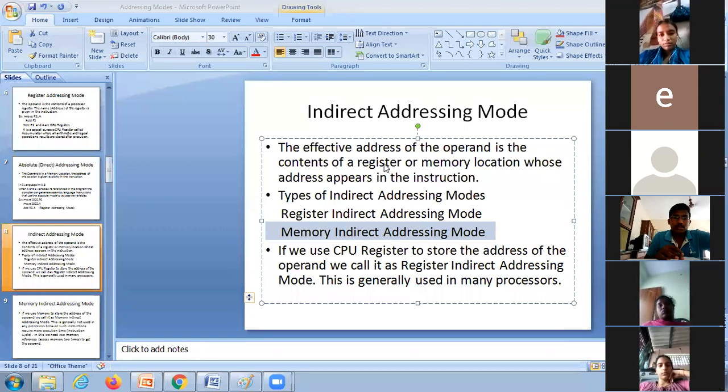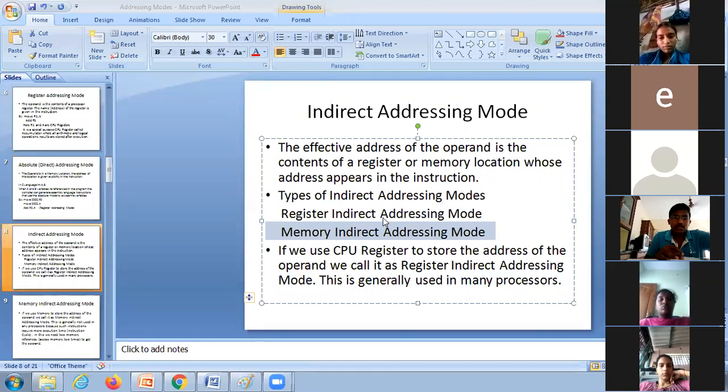Here, if you use the register, we call it register indirect. If you use the memory location, we call it memory indirect addressing mode.